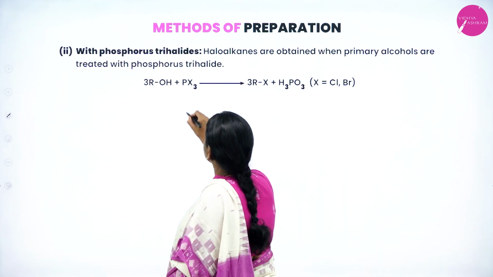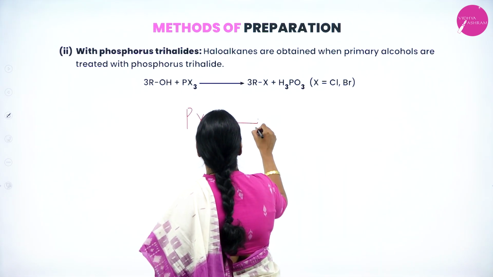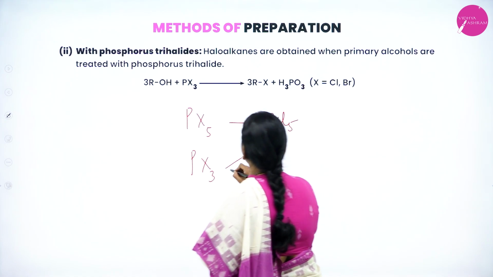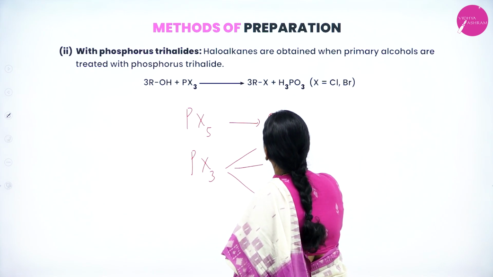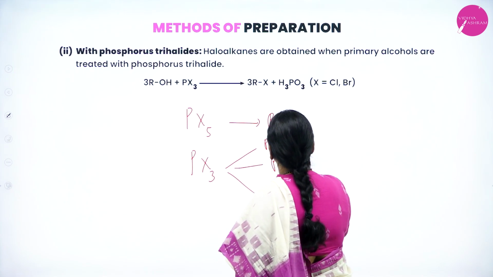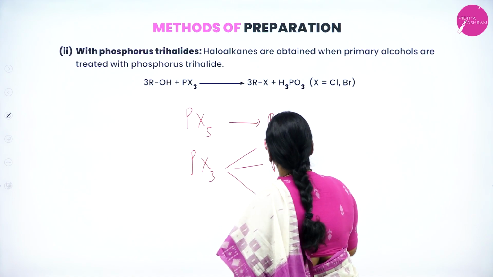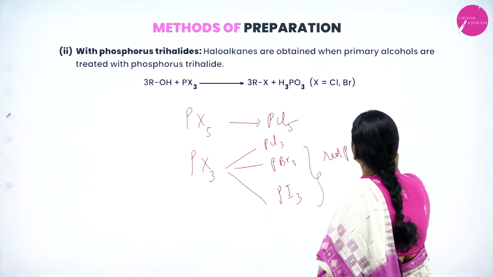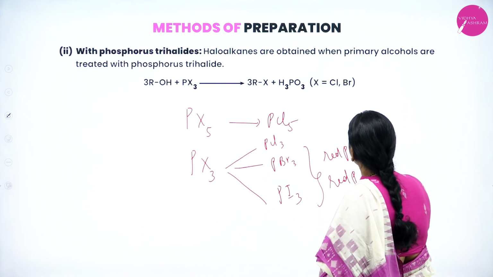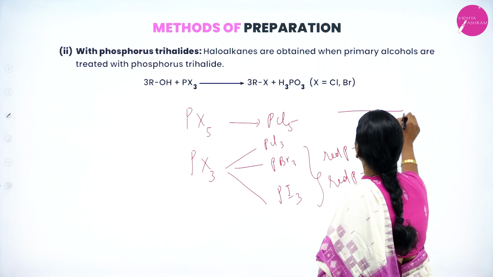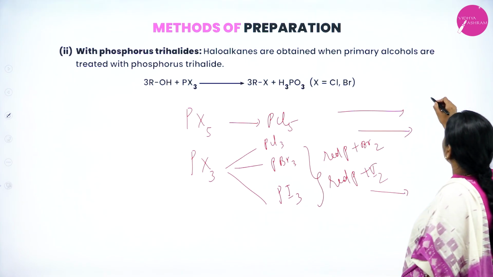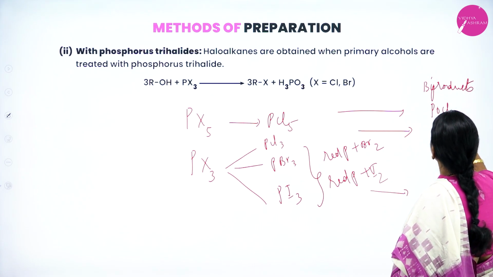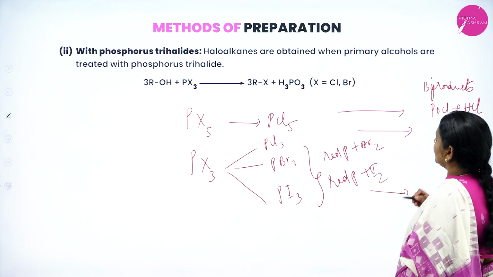Therefore, in PX5 only we have PCl5. But in PX3, you have three: one is PCl3, one is PBr3, one is PI3. PBr3 and PI3 are obtained by heating red phosphorus plus bromine, and red phosphorus plus iodine. When you add PCl5, what are the byproducts? POCl3 plus HCl.